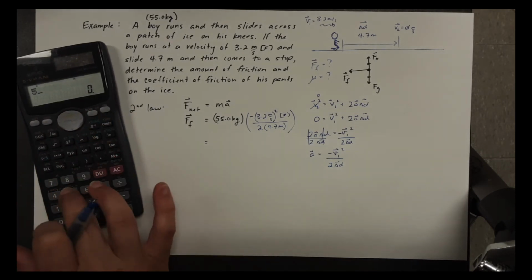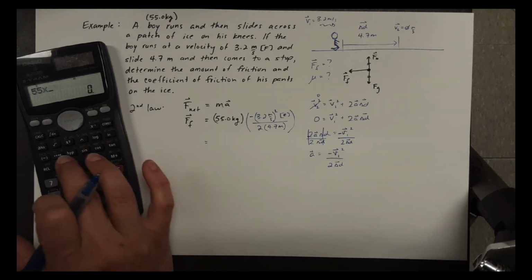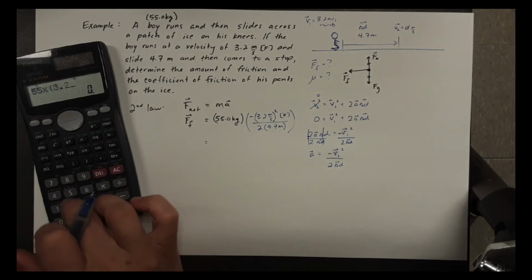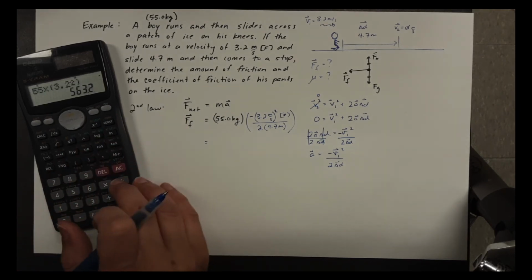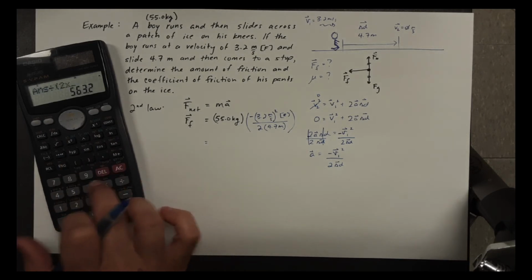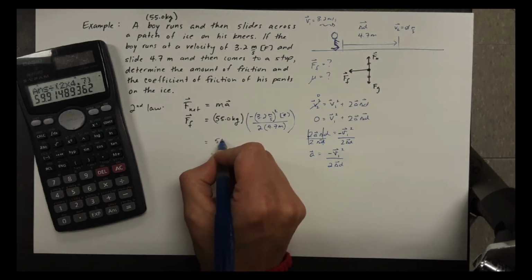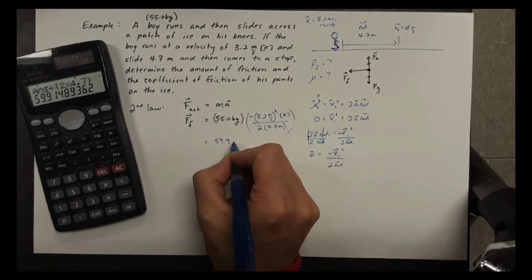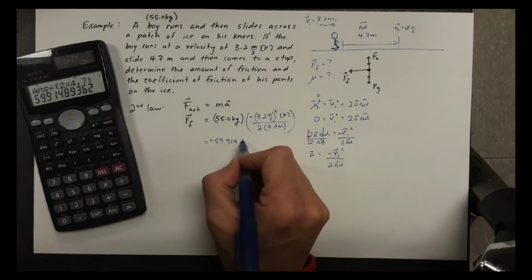Let's put that in our calculator, 55 times 3.2 squared divided by 2 times 4.7. Okay, and I get 59.914, and this is going to be negative.